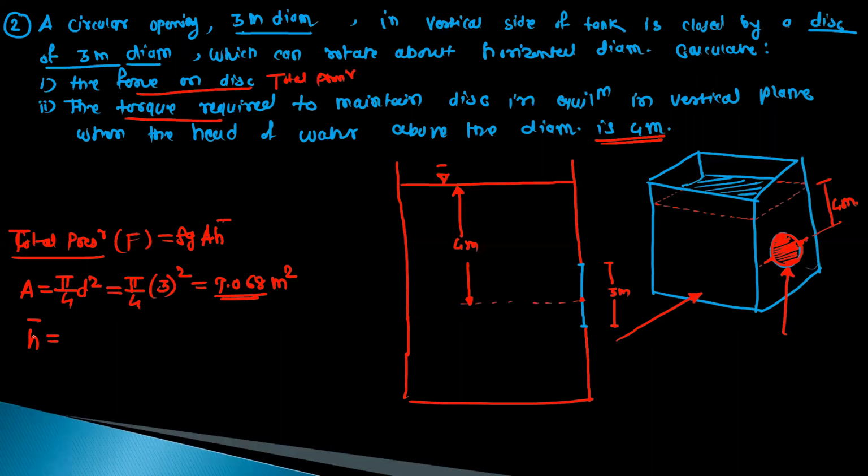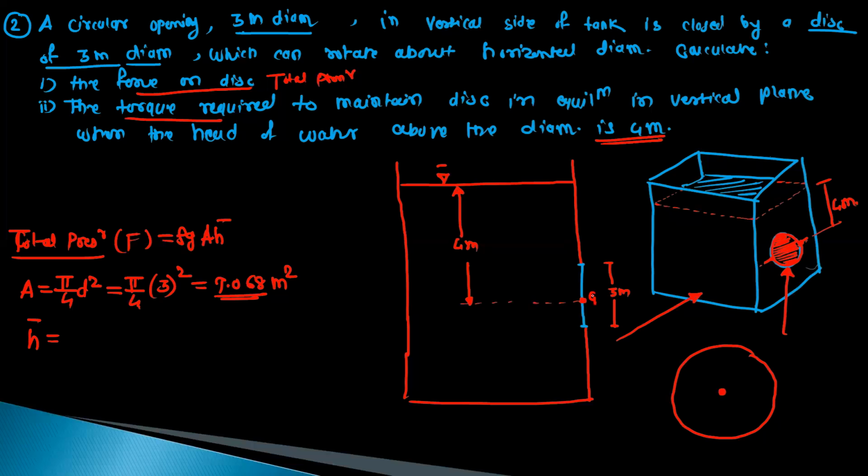Now, what does this h bar value mean? We have to first find out the center of gravity of the surface which is submerged in the liquid, and measure that center of gravity with respect to the free surface. For the disk, this point is the center of gravity. For a circle, its center of gravity will be at its center only.